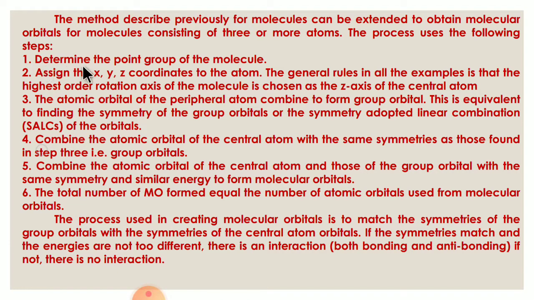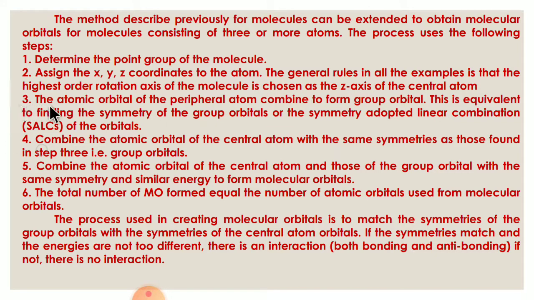The first step is to determine the point group of the molecule. Second, assign the x, y and z coordinates to the atoms. The general rule in all examples is that the highest order rotation axis of the molecule is chosen as the z axis of the central atom.